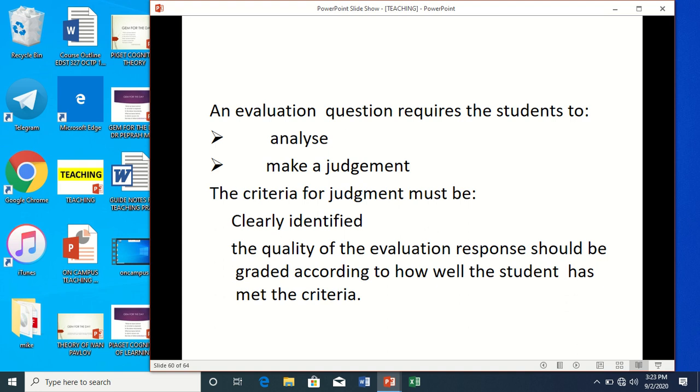And so, after you have taught and you have graded, students come out and tell you, Sir, I went to check my grade and I had F or C plus or C minus. Yes, you had it because you are being graded according to how well you met the criteria for assessment.